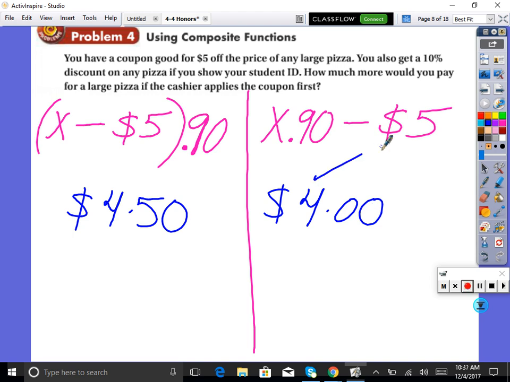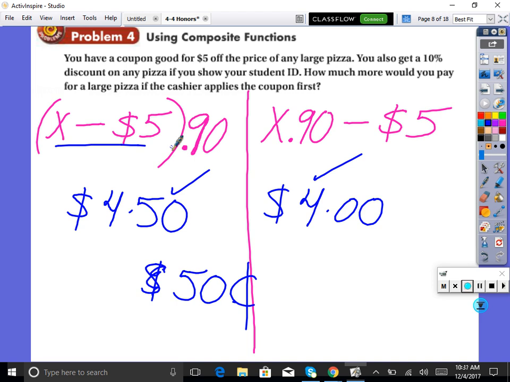That one. That's cheaper for you. Which one would the business rather you do? This one, right? They want to make more money. So our answer would be a 50 cent difference. Does that make sense? Because it said, how much more was the pizza if they apply the $5 discount first?